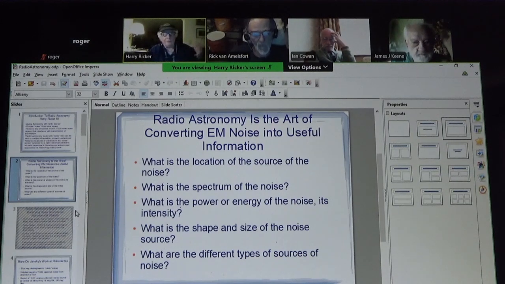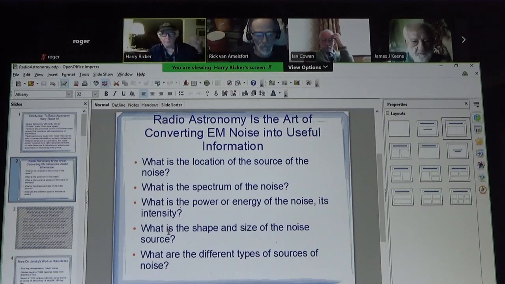The other thing the noise can tell us is its spectrum. How does the noise change with frequency? That's another piece of information that can be extracted. What is the power, the energy of the noise, and how intense is it? This is information that radio astronomers collect.